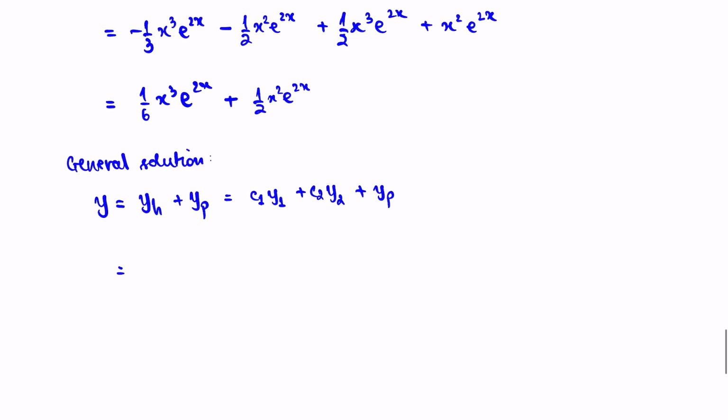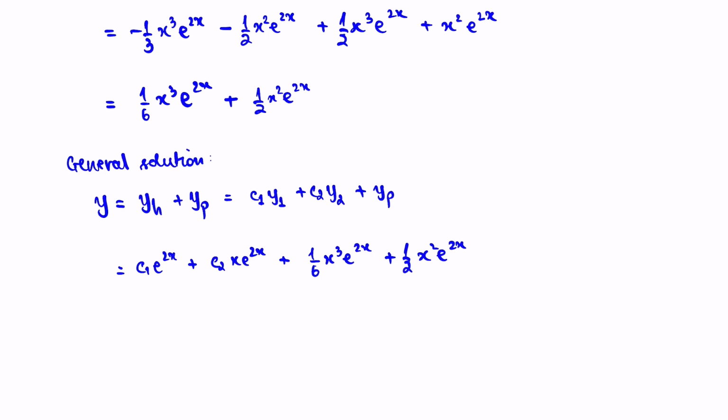So you get c1 times e to the 2x plus c2 times x times e to the 2x plus the particular solution, which is 1/6 times x cubed times e to the 2x plus 1/2 x squared times e to the 2x. And that's it for the problem, and that's it for the lecture note involving the variations of parameter.